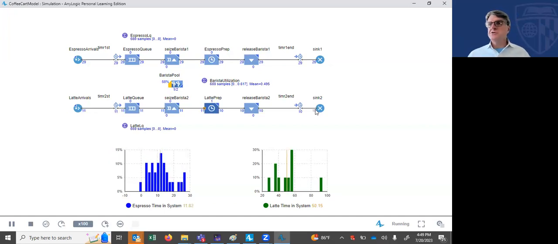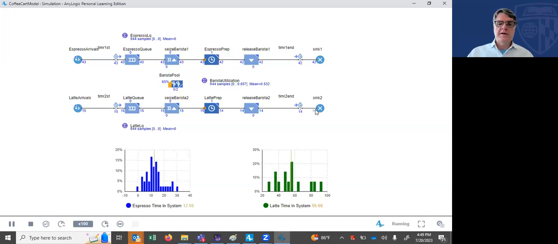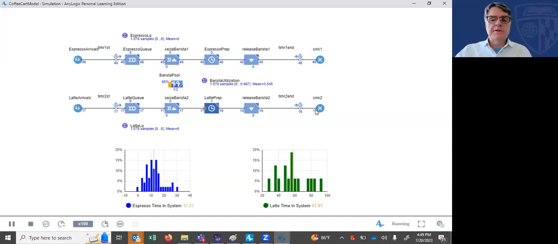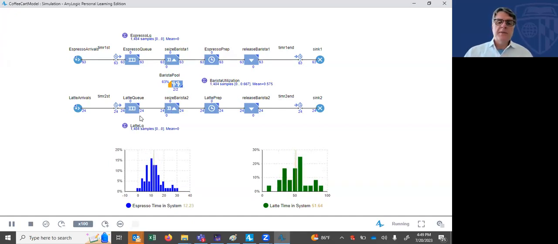So that relationship of about 3 to 1 is holding up. Of course, there's randomness built in here, so it's not going to be exactly a 3 to 1 relationship, but in the long run, that's what we're expecting to see. And you can see that the pool is about 58, 59% utilized at this time.